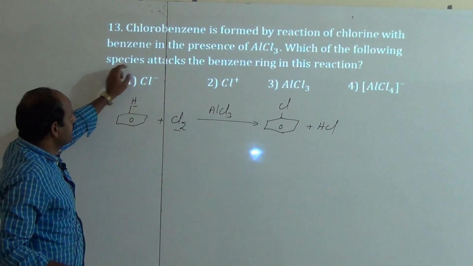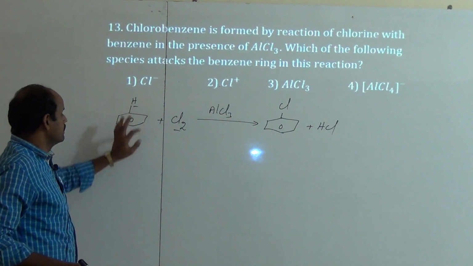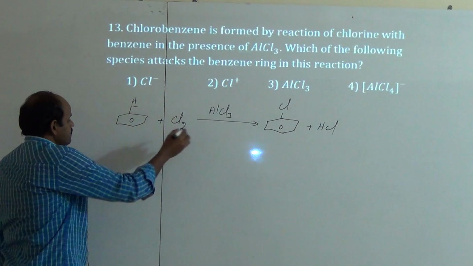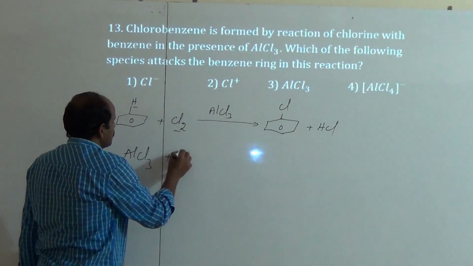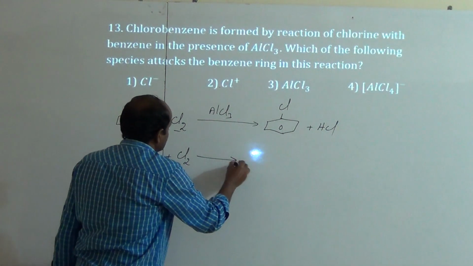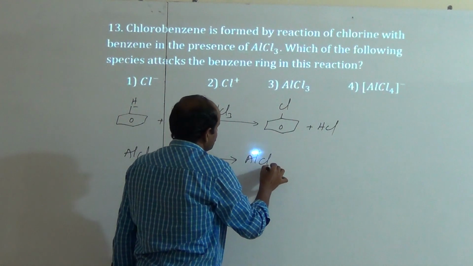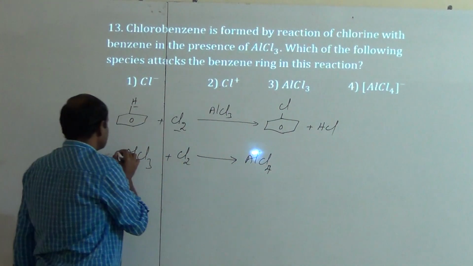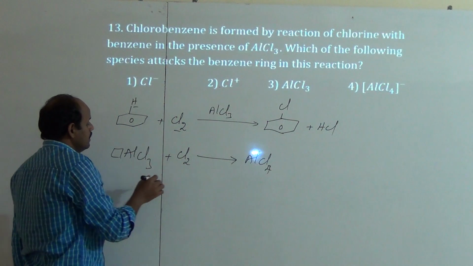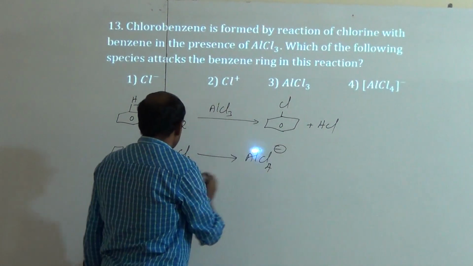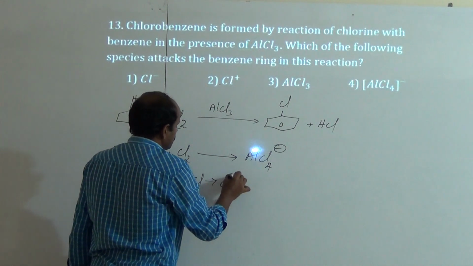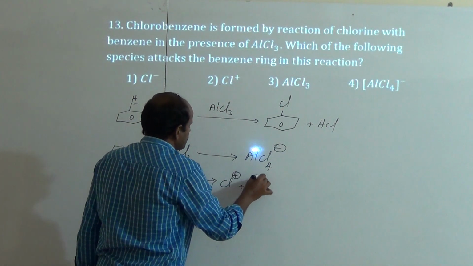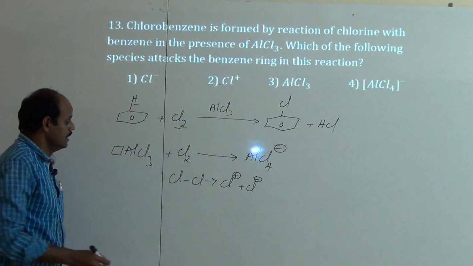Then which species attacks the benzene ring? Here they ask this one. When AlCl3 catalyst reacts with chlorine, we get AlCl4 because aluminum has a vacant orbital. Thus this Cl2 can dissociate as Cl plus and Cl minus.